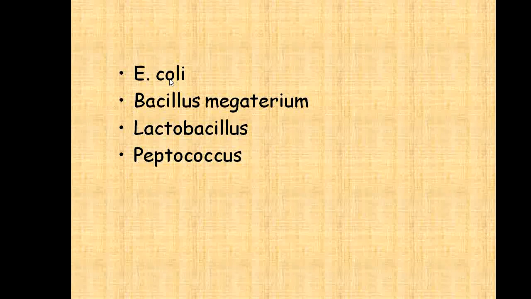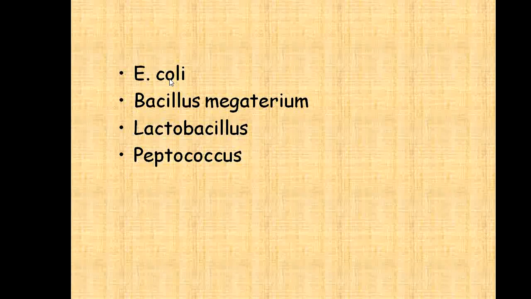The E. coli present inside the small or large intestine, but a lot of them in the large intestine, are very useful for our body, because they produce vitamin B12 in the body. They also produce a little bit of vitamin K, but mainly vitamin B12.